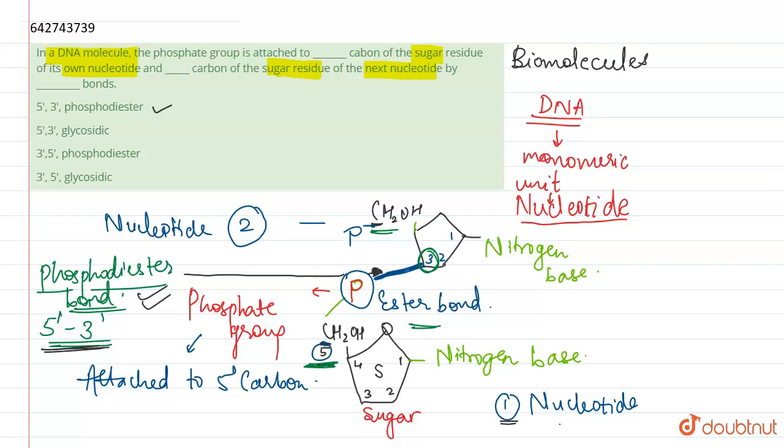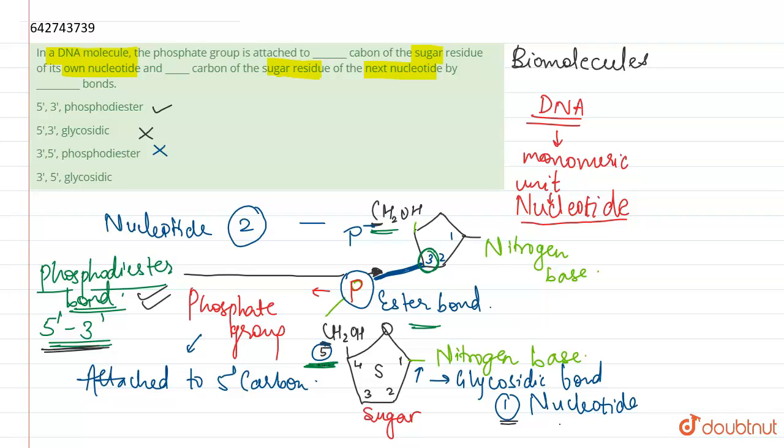5 dash 3 dash end, the phosphodiester bond. Here 5 dash 3 dash is right in the second option, but they are saying glycosidic. Remember, glycosidic is seen in between the sugar and nitrogenous base. Here you see the glycosidic bond. That is wrong. Third is saying 3-5. 3-5 is wrong. It is 5-3. Because always remember, from the first nucleotide point of view, phosphates always attach at the fifth end.